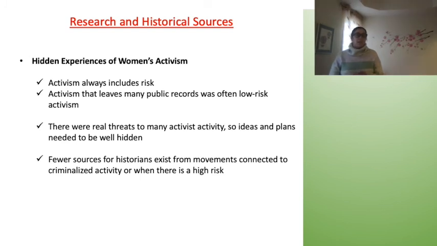Obviously, things historically like issues with migration or undocumented migrants, and all the way back to the Underground Railroad and certain abolition efforts. So this is what makes this history tricky. On the one hand, activists often wanted to be public and created a bunch of records that were public.